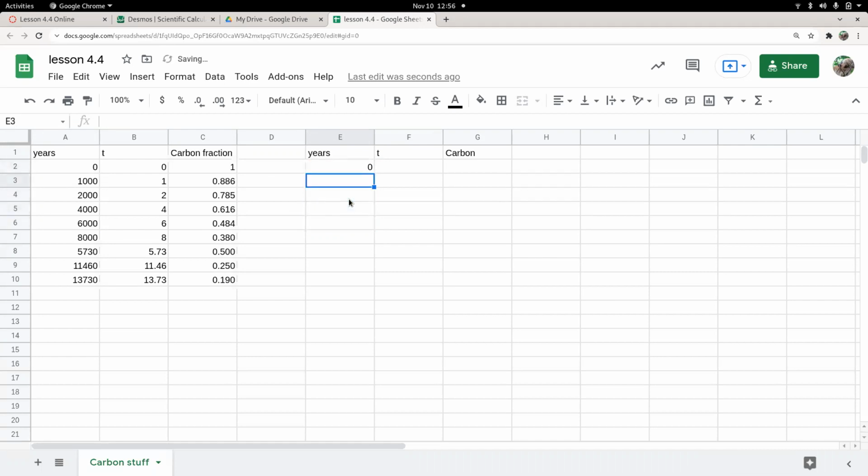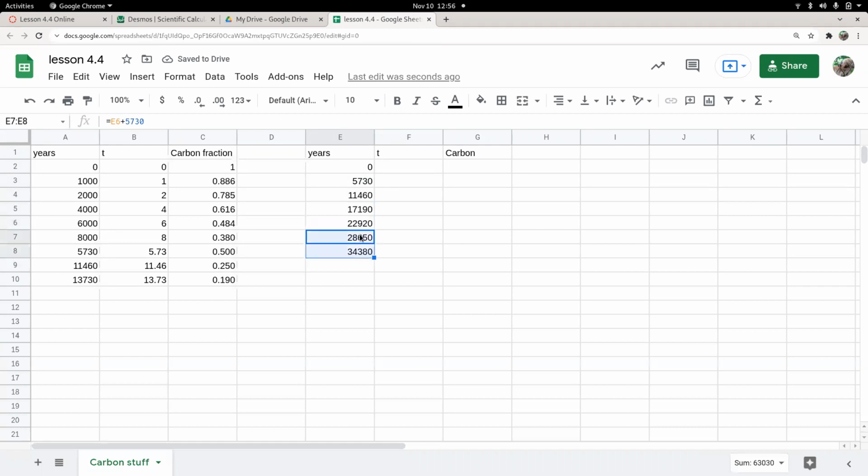Starting with 0, I want to make a formula that takes whatever number I have above and adds 5,730. And then I just want to repeat that formula, which will just keep adding 5,730 to whatever's above. So enter, click on only that cell, and then fill it down. Okay, and I only need to go that far.